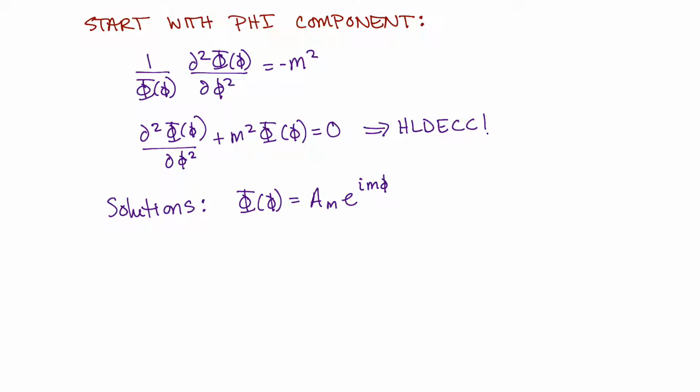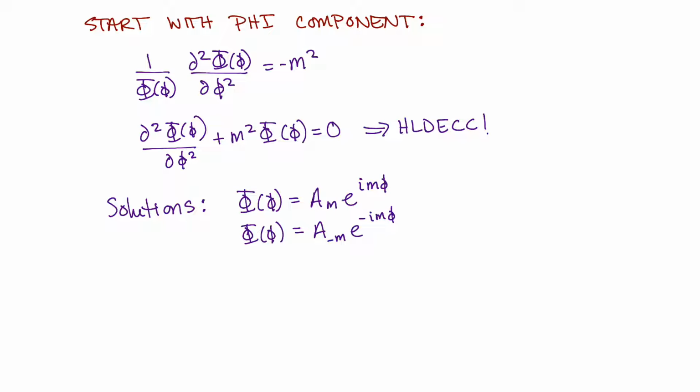Remember you could write these in your cosine-sine version. We're going to stick with the exponential version just because it's kind of nice to work with in spherical coordinates. It just is nice and easy.